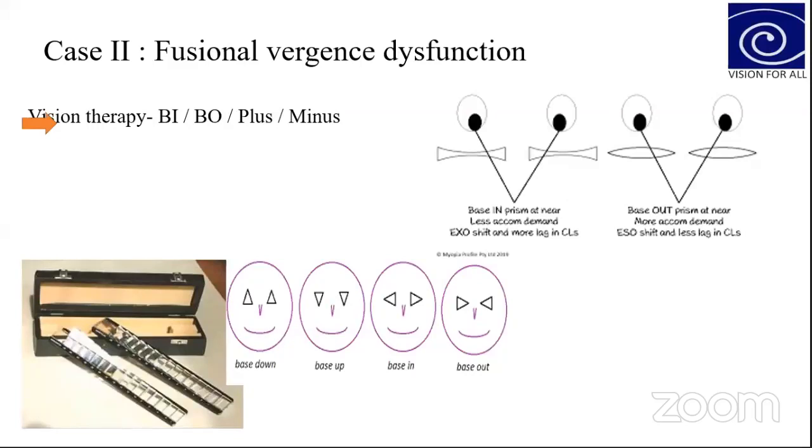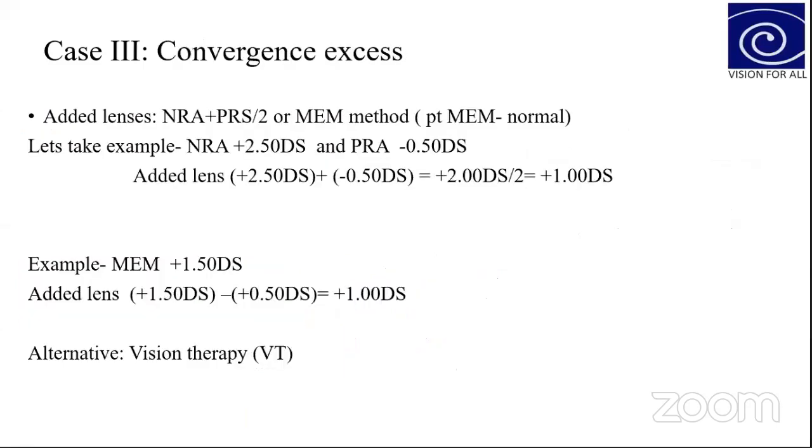Accommodation has a direct impact on Vergence, and it will affect the Vergence as well. So smoothly I will go to the third case.